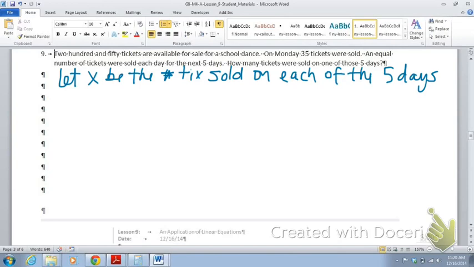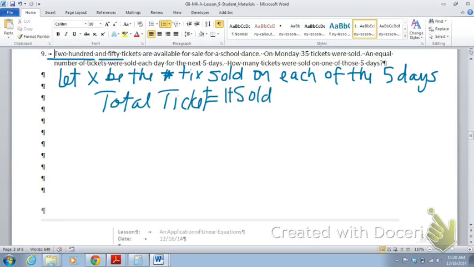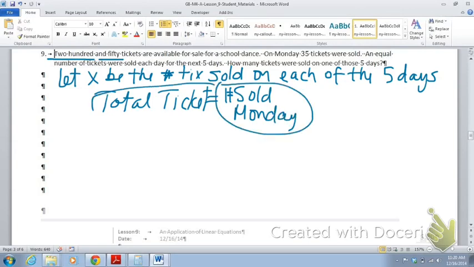So we have a total number of tickets available, and that's 250 tickets. So we could think of this as total tickets sold are going to be the ones sold on Monday, the number sold Monday. I always like to do these verbal models because it sometimes helps.